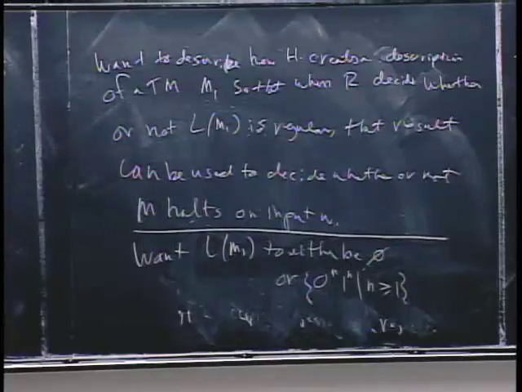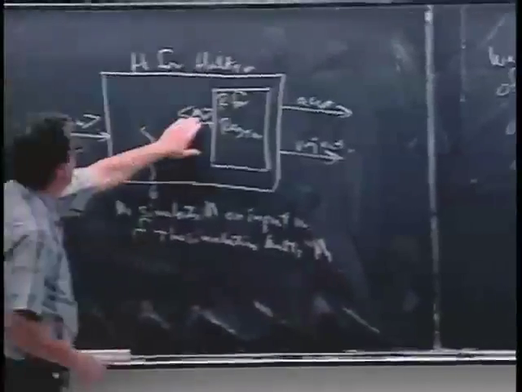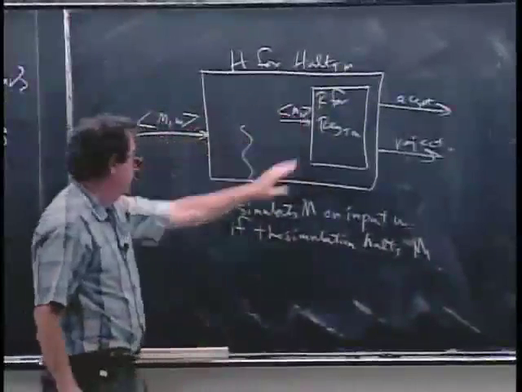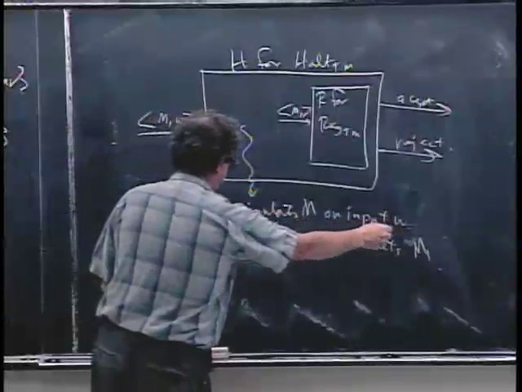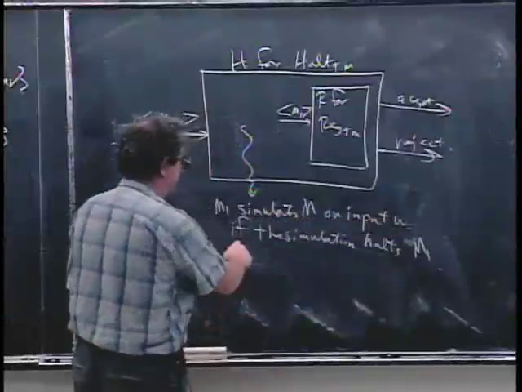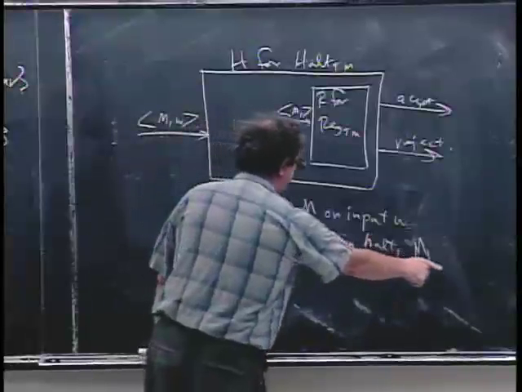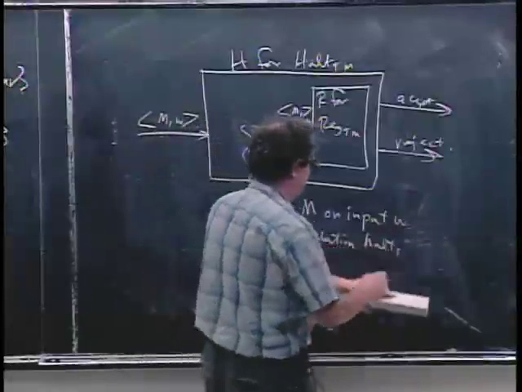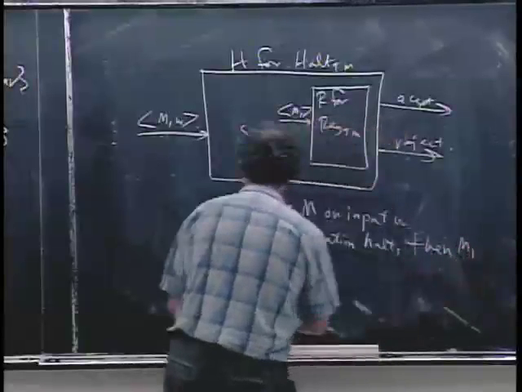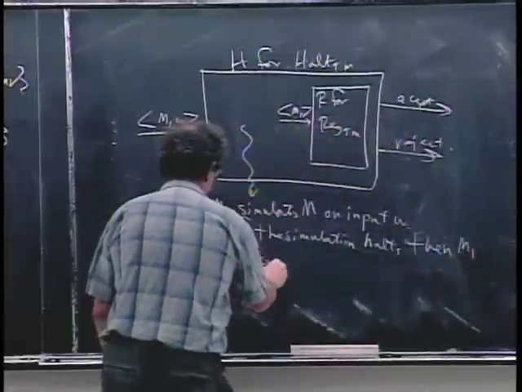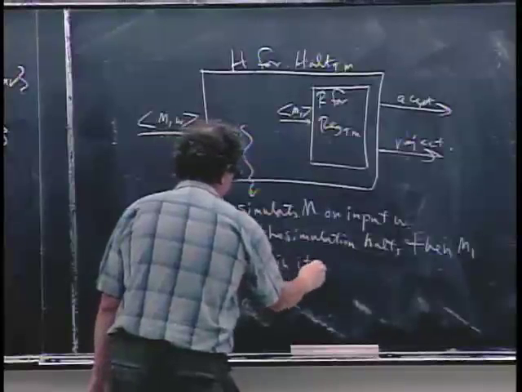Okay. So H is building this machine M1. And what does M1 do? M1 simulates M on input W. Okay? And if the simulation halts, then M1 takes in its input.